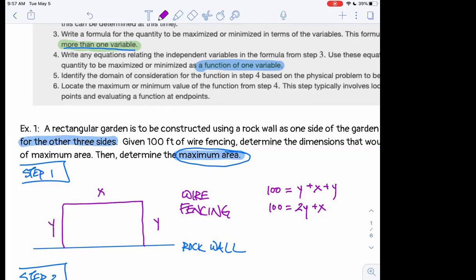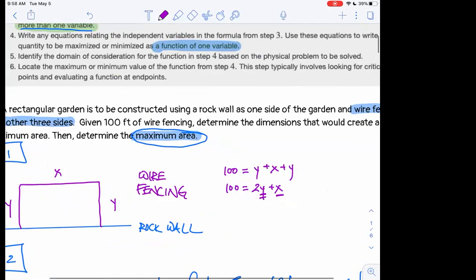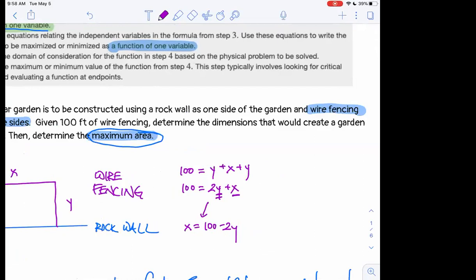And then I kind of have a choice here. Do I want to get the x by itself, or do I want to get the y by itself? I'm going to show you both ways right now. If I get the x by itself, I get x equals 100 minus 2y. Does that make sense to folks?